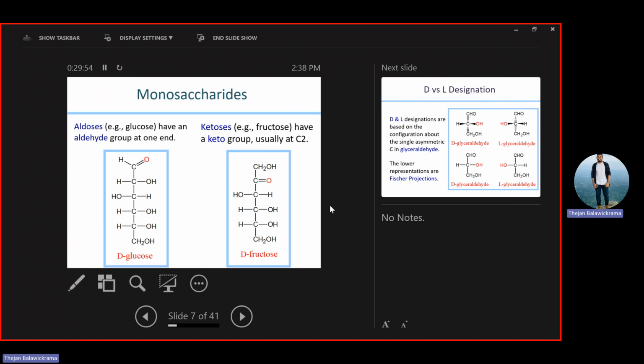Let me take some real example: H, Cl, Br, I. Around this carbon atom, hydrogen, chlorine, bromine, iodine. In such case, this carbon atom is a chiral carbon.